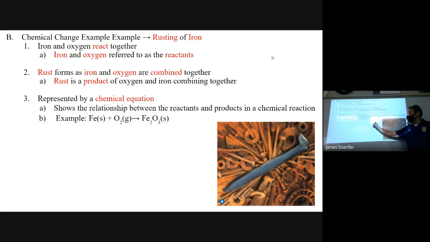And so, if we look at the chemical reaction, which will show the relationship between the reactants and the products and who's interacting with whom, we see that Fe, which is iron, is going to react, that's usually what the plus sign means, with oxygen, O2, and that arrow means yields or produces iron oxide. And more specifically, iron 3 oxide, but we'll get to how we identify that later on.